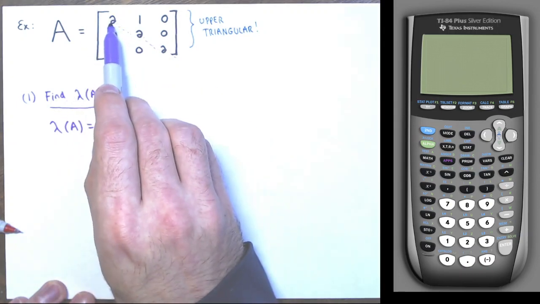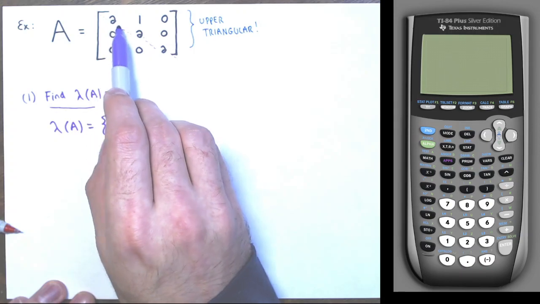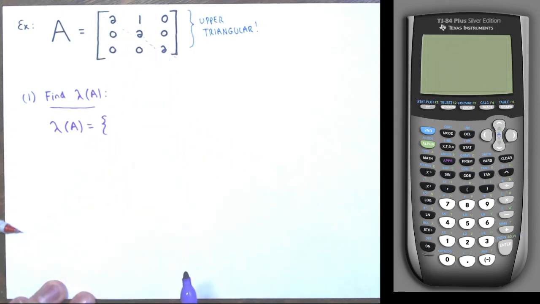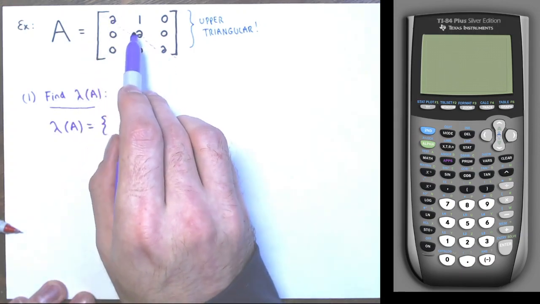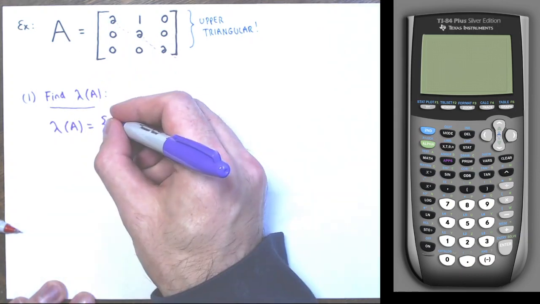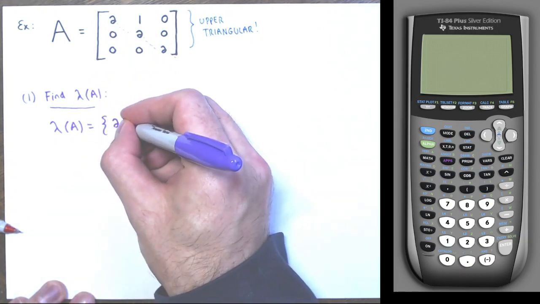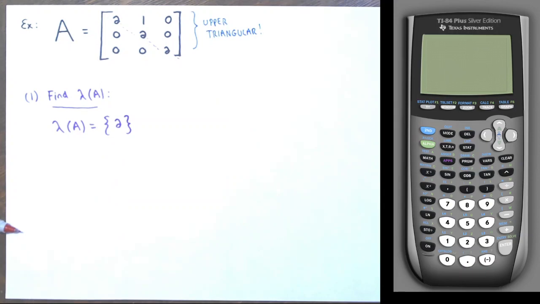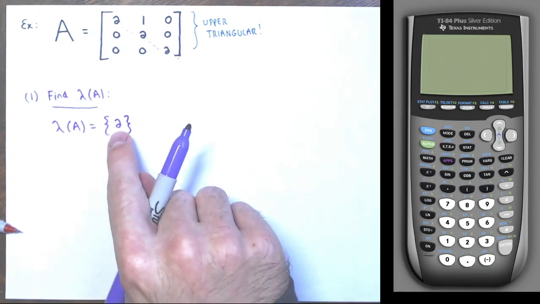The eigenvalues of this matrix will be 2, and that's it. But you notice how it's 2 three times, but the only eigenvalue is 2. So the spectrum would contain only the number 2. It's just 2 is repeated.